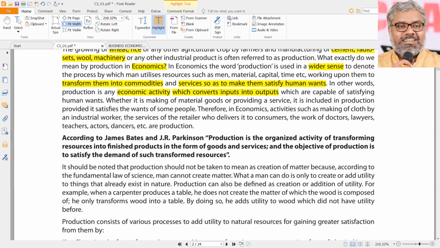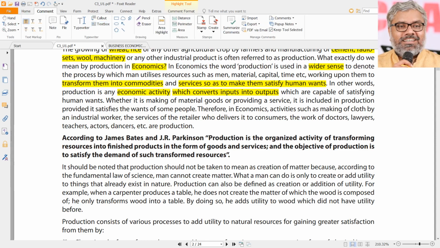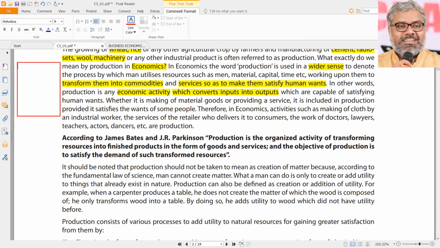From an economics perspective, economic activity is only that where there is an exchange value, not just use value. We always have to keep that in mind, which we discussed earlier also, the importance of these two words in economics. Always these are core words. One is use value and the other one is exchange value.